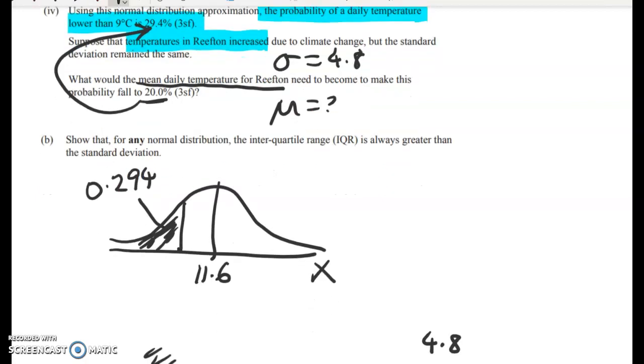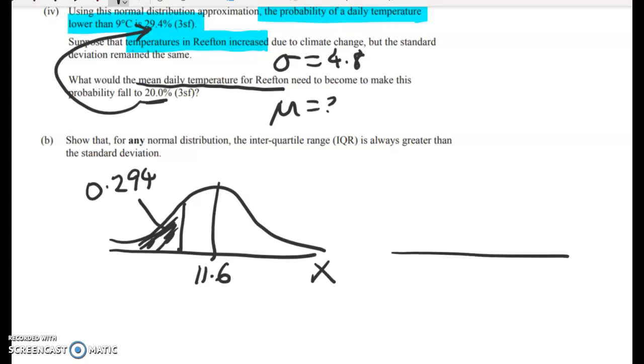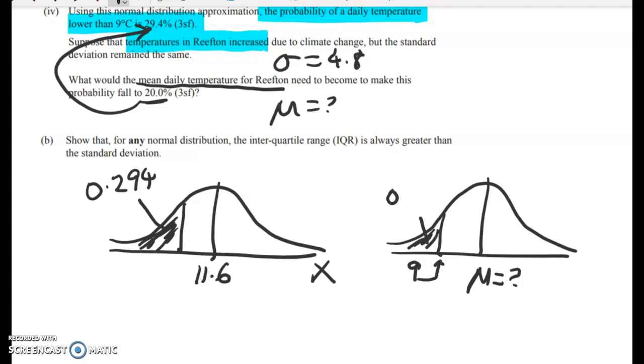Now, if that whole curve shifts along and temperatures go up, then the probability of it being cold is going to get lower. So what we're being asked to find is this. What will the mean have to be if the probability of being below 9 is only 0.2 or 20%?